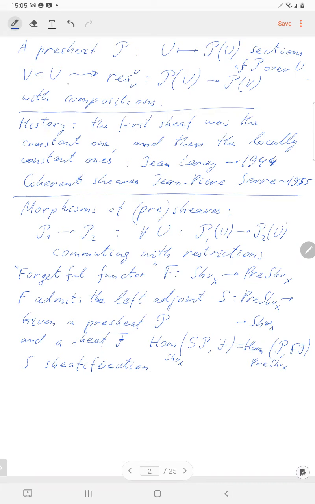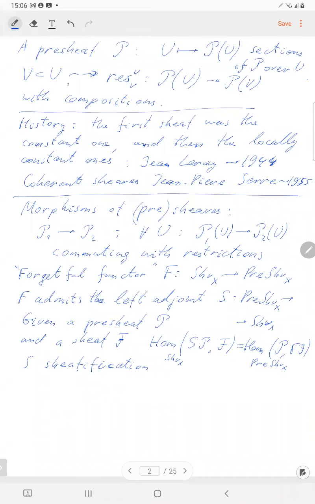Okay, where did the S come from again? So I am going to say how S is defined. But in your work with sheaves, you will actually never really use this particular construction.